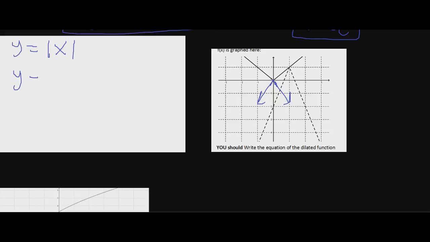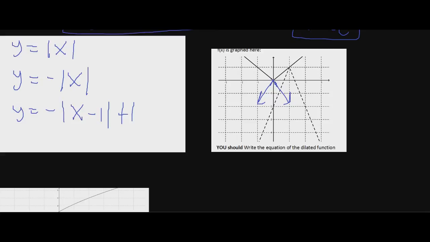I'm going to go ahead and write my reflected equation. We'll put my negative on the outside because we're multiplying the output, so I want reflection over the x-axis. Look at the previous videos if this confuses you. Then we went to the right by 1, so x minus 1, close it. It's inside because it's our input, and then we go up by 1, so plus 1. Now I want to find my dilation.